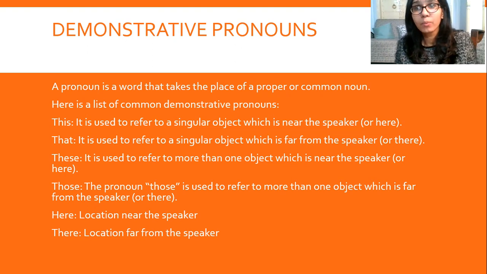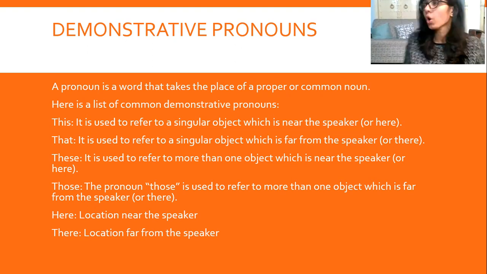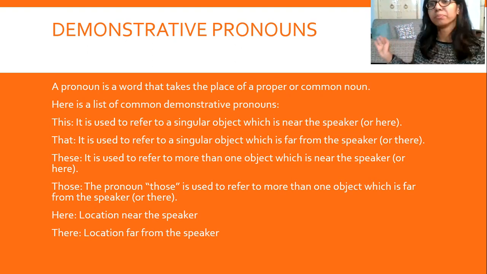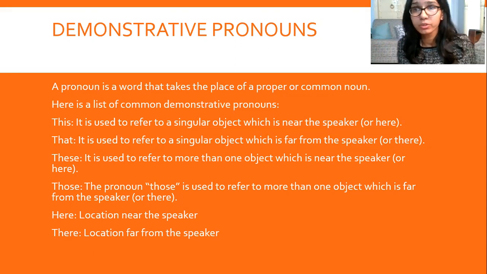Or these cushions look beautiful, or these cushions look nice. So we are referring to something that is near the speaker, and it is plural in number, not singular. Now, those is used to refer to more than one object that is far from the speaker, or there.